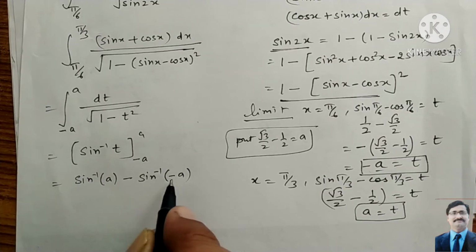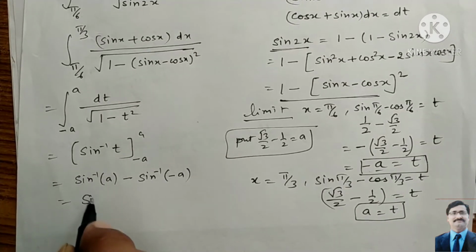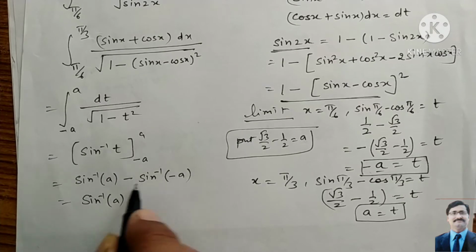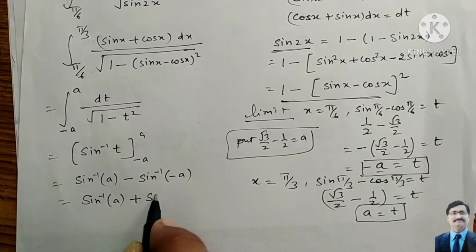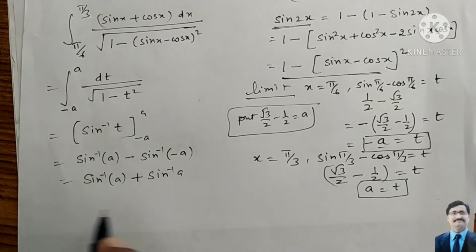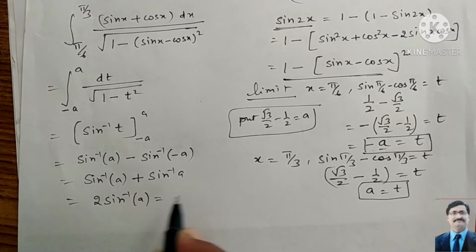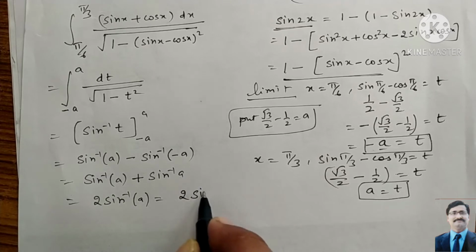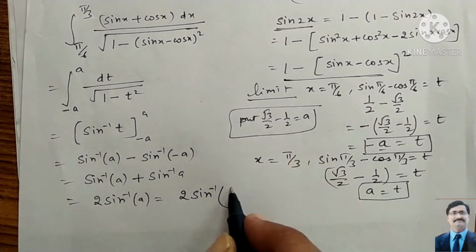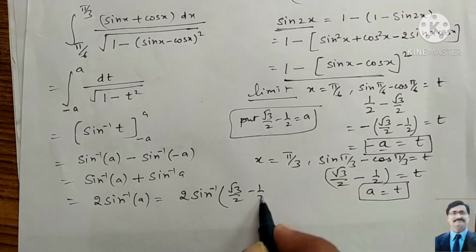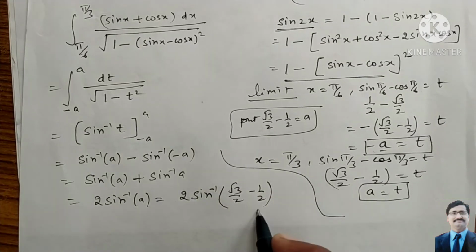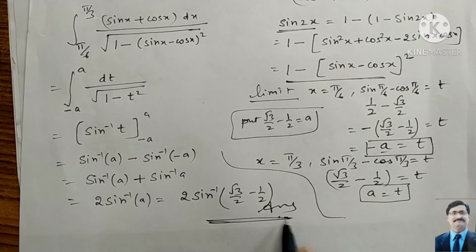In sin inverse, if we take the minus outside, we get minus minus, which is plus sin⁻¹ a, so sin⁻¹ a plus sin⁻¹ a gives 2 sin⁻¹ a. In place of a we can put √3/2 − 1/2. So this is the answer. All of you understand, this is the answer.